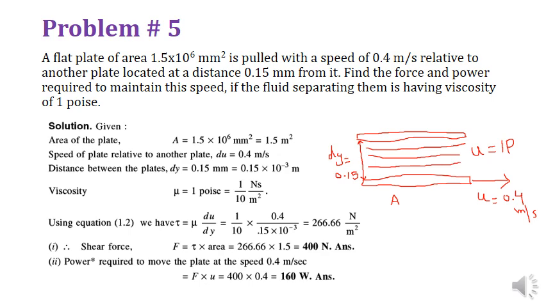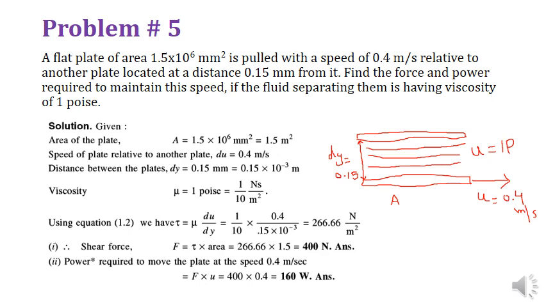Okay, so what does it mean? Your one plate is not moving, only one plate is moving relative to the other. So relative means this change of velocity is directly given to you. If the word relative is used for the two plates, it means you do not need to determine the change in velocity, it is already given to you.